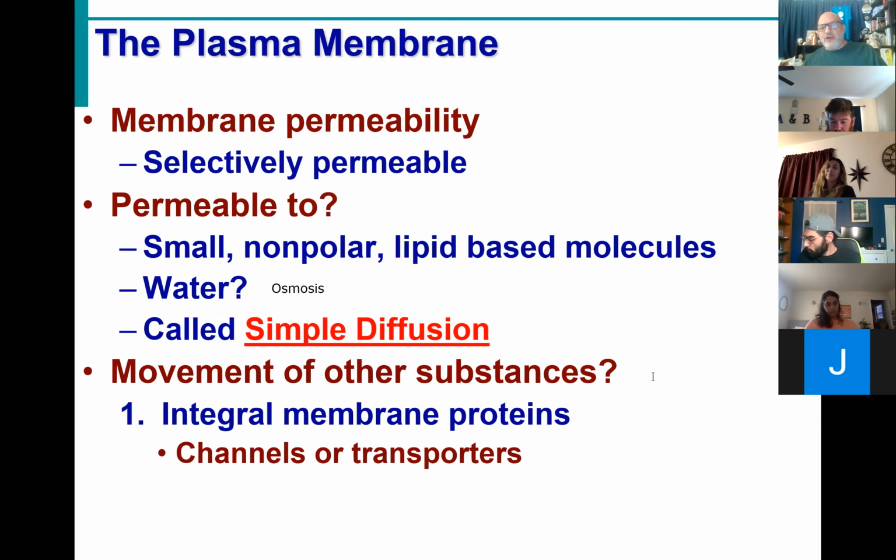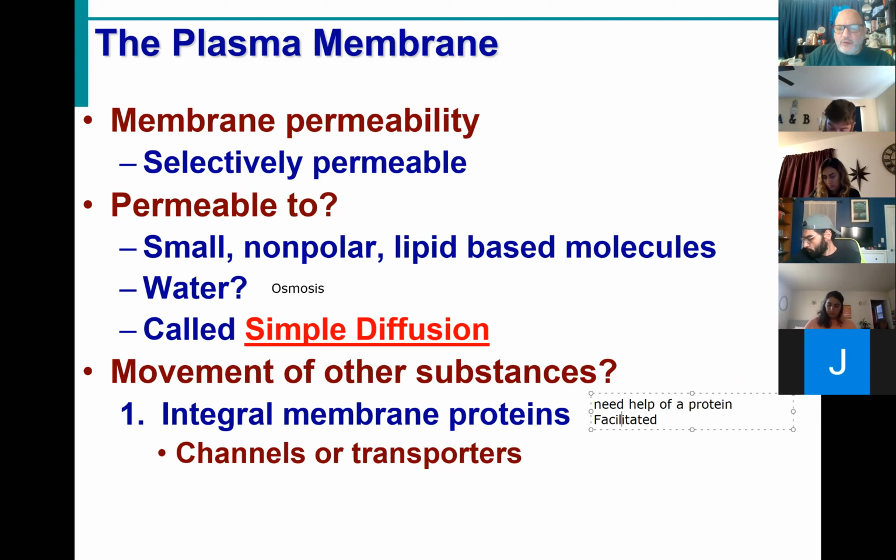So our ions or other larger molecules need the help of a protein. And since it needs the help of a protein, we call this facilitated.